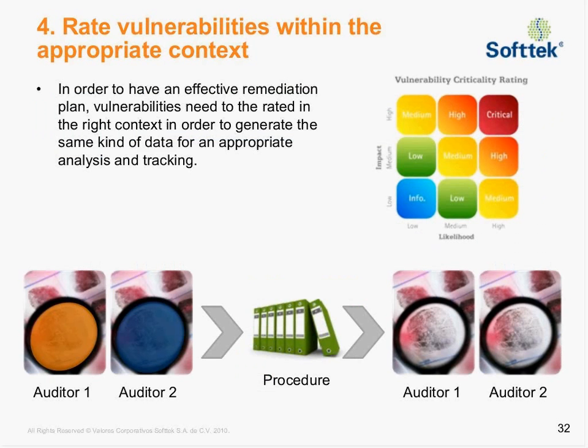By clearly defining the way in which you will rate the vulnerabilities, we can ensure that the auditing team will follow exactly the same measure when rating all vulnerabilities, and that translates into data consistency. What we want is to make sure that all the information we are gathering and centralizing is comparable, that we are really comparing apples to apples.